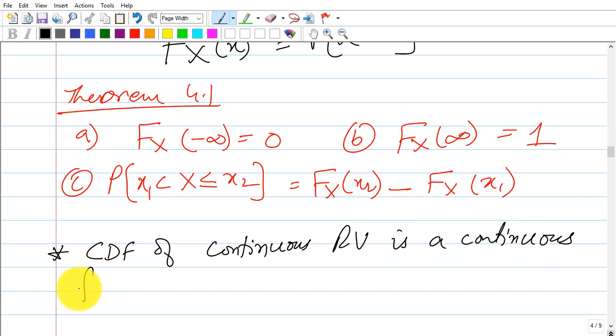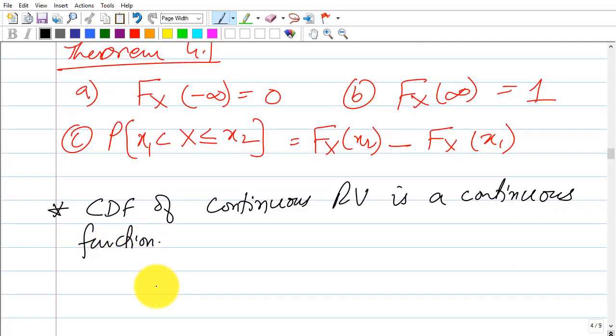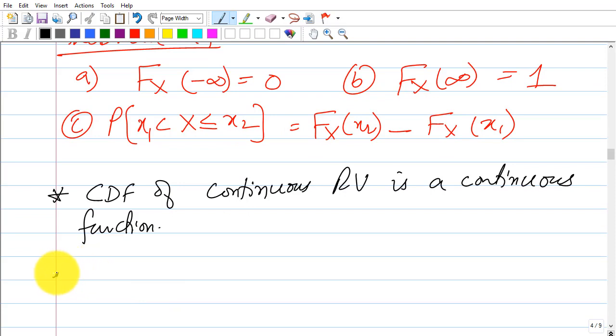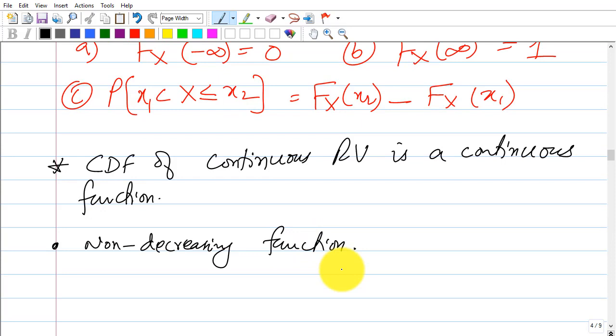And obviously it's a non-decreasing function. So it's an increasing function, in other words, so it never goes down.